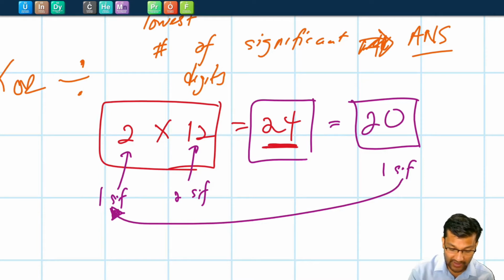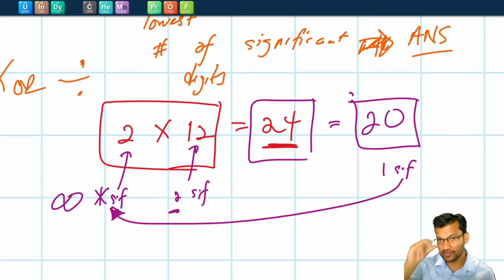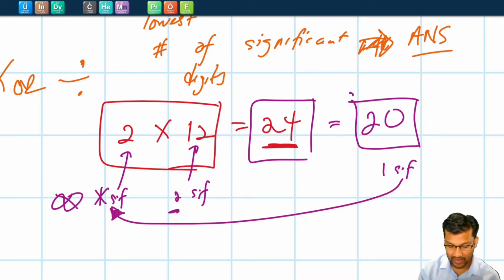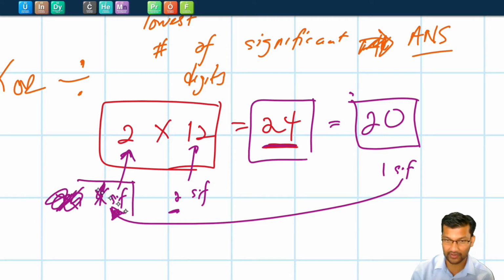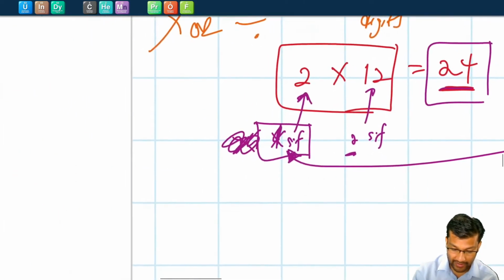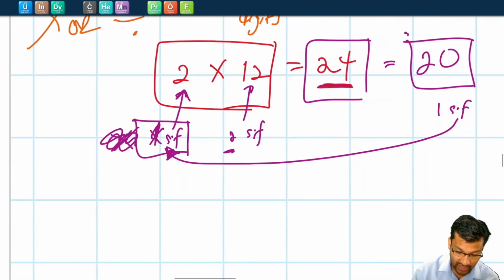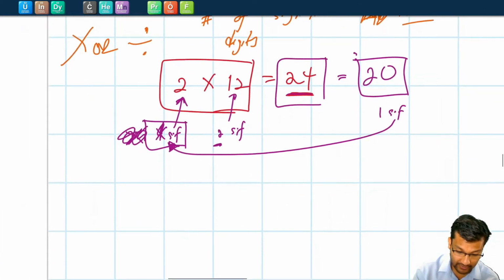Now, if the 2 was exact, meaning it had an infinite number of significant figures, then our lowest number of significant digits would have been 2, which means 24 would have been correct. But if the 2 is not exact, but is in fact a representation of one significant figure, then our answer should be 20.